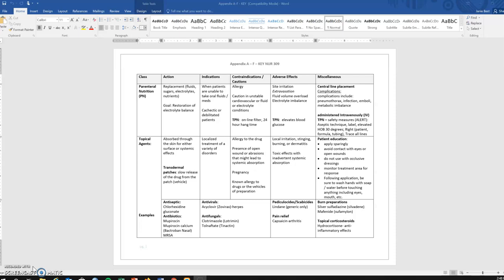For purposes of testing, there are several examples of topical agents, including the antiseptic chlorhexidine gluconate, and antibiotics, mupirocin calcium, which is brand named Bactroban Nasal, used for MRSA. The antiviral that we chose was acyclovir, which is administered for patients who have herpes virus.